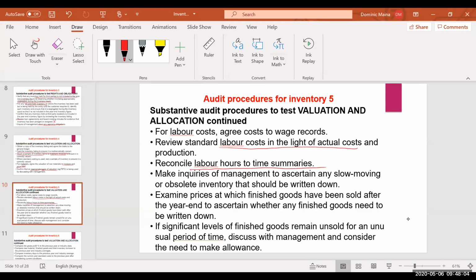Make inquiry to management to ascertain any slow-moving stock. Ask the manager how they identify slow-moving stock, and ask them to provide their criteria for identifying stock deemed slow-moving. If there is slow-moving stock, the client needs to provide you with recommendations, and the inventory value needs to be reduced.